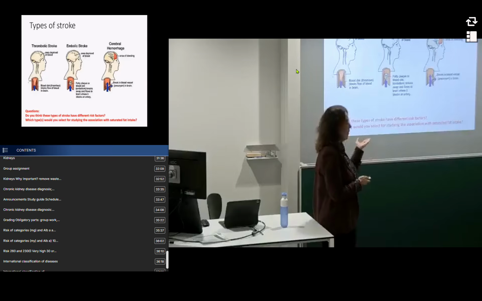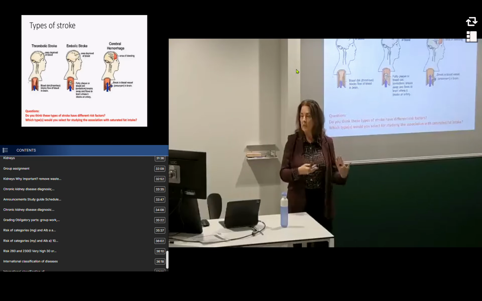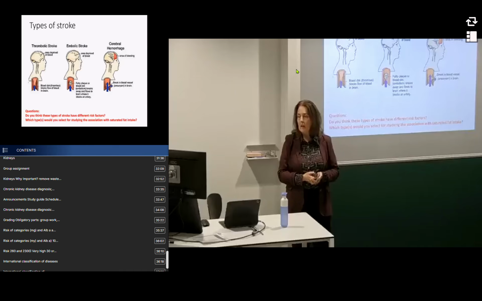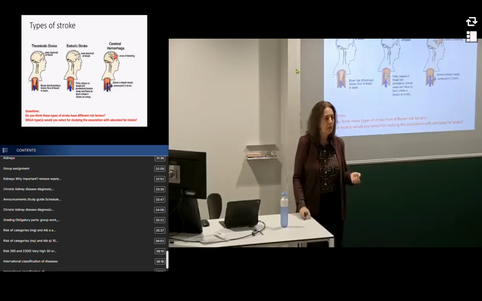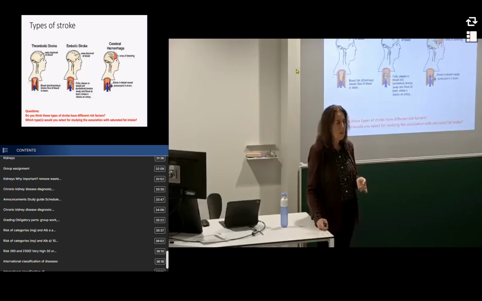So here I have some pictures of different types of stroke to explain it even further. Do you think these different types of stroke have different risk factors? Does it matter what kind of stroke it is? But why would you distinguish between these different types of stroke?